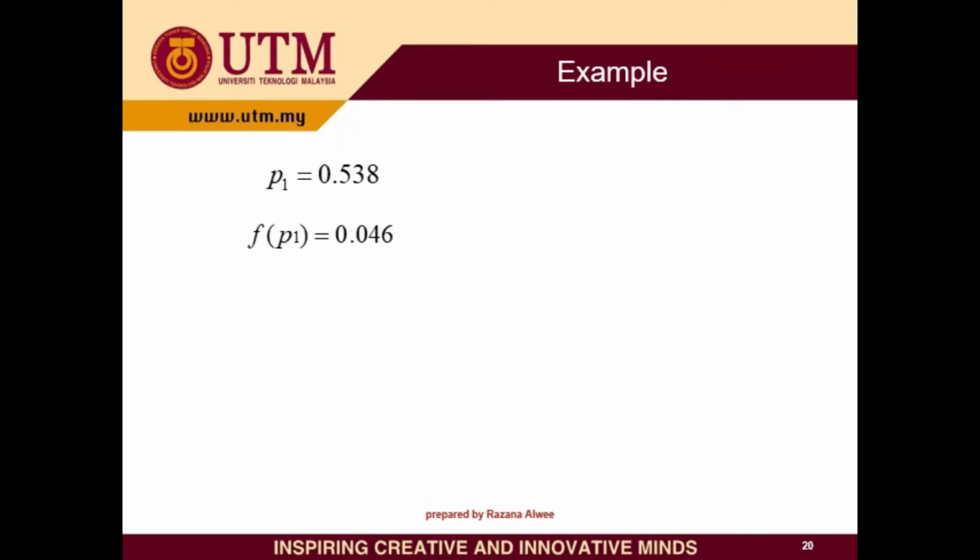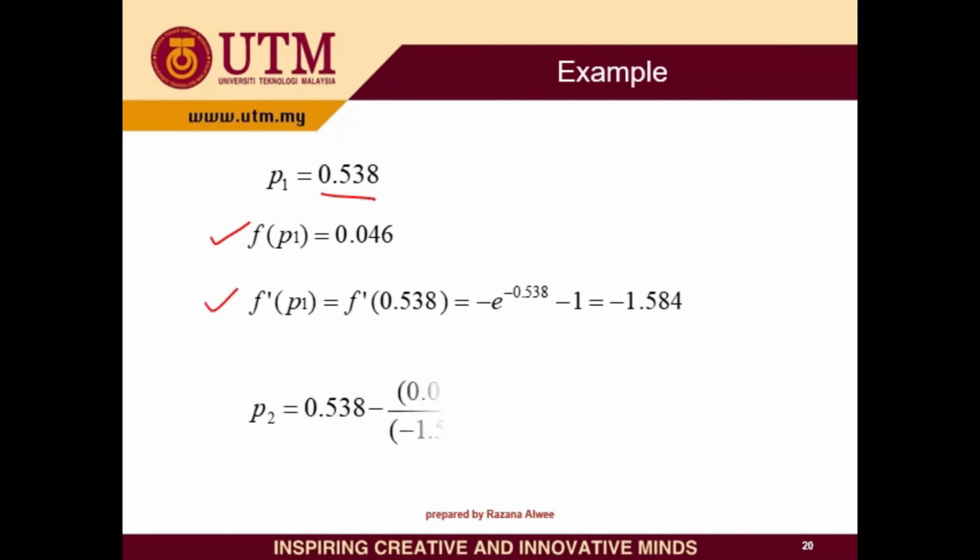Our p1 is 0.538, so we need to find the f(p1) and f prime(p1). We already calculated f prime in the previous slides, so for f prime, just insert the p1 into the f prime equation here. And then we use the equation given for Newton. Again, this is your p1 here, so this is your f(p1) and f prime(p1).